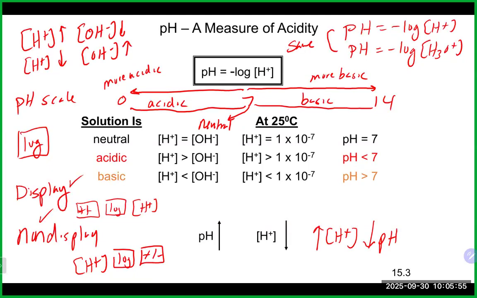Now, when we talk about pH, we also want to talk about pH and sig figs.